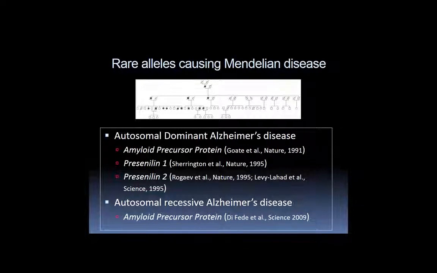And it became clear that there was a homologue of presenilin 1 on a different chromosome. Jerry Schellenberg and Alan Wiseman and the people at UW had a very big family, or set of families, called the Volga German families, which all carried a mutation in presenilin 2.